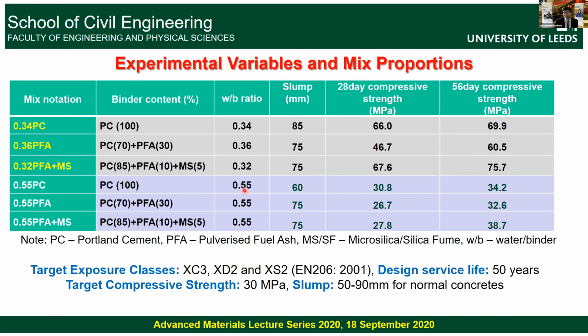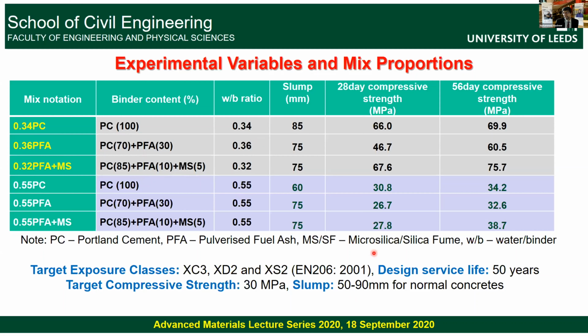In some other mixes, the water content was high. And these mixes contained Portland cement alone and combinations of other cementitious materials like pulverized fuel ash along with microsilica or silica fume. And these combinations were tested, as I said, at 2 different water binder ratio combinations.